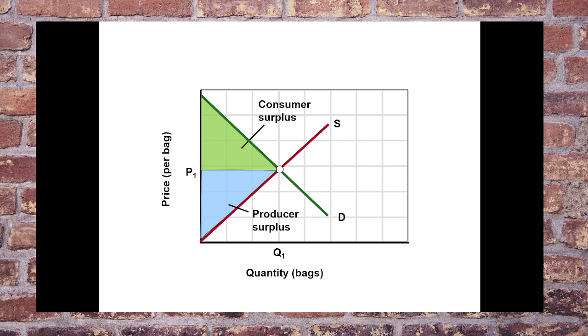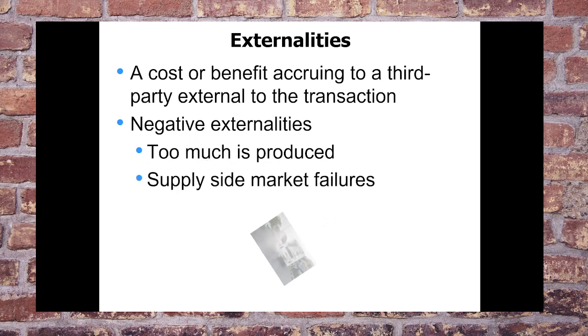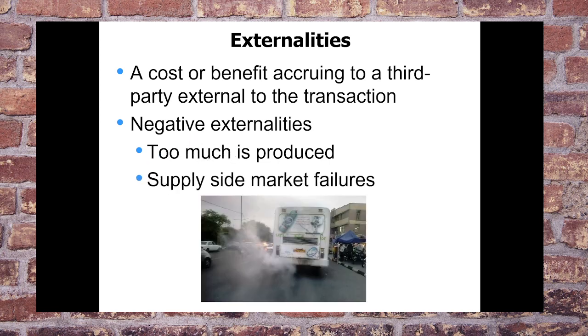All right, now let's go back to the externalities for a second. Externality, we said, is a cost or benefit accruing to a third party external to the transaction. Because I'm such a positive guy, they call me Mr. Positivity in the building, I'm going to focus on negative externalities first, where too much is being produced, a supply side market failure. Give me an example, Mr. Mooney. There you go, a bus.